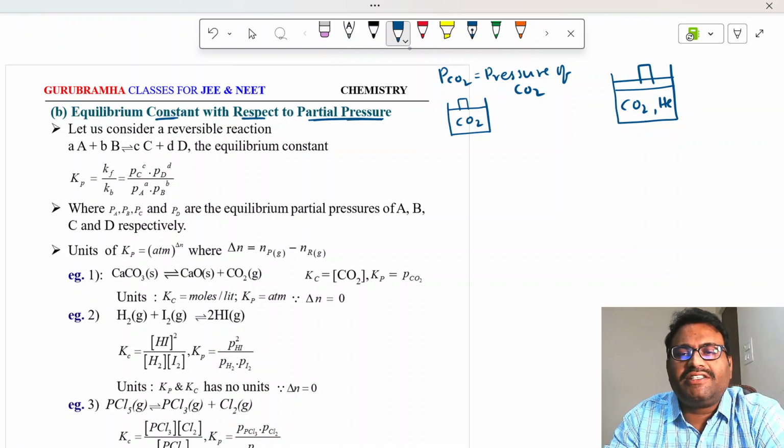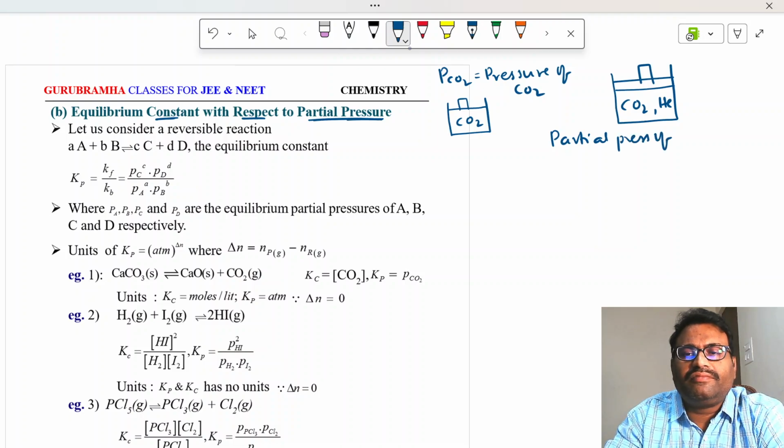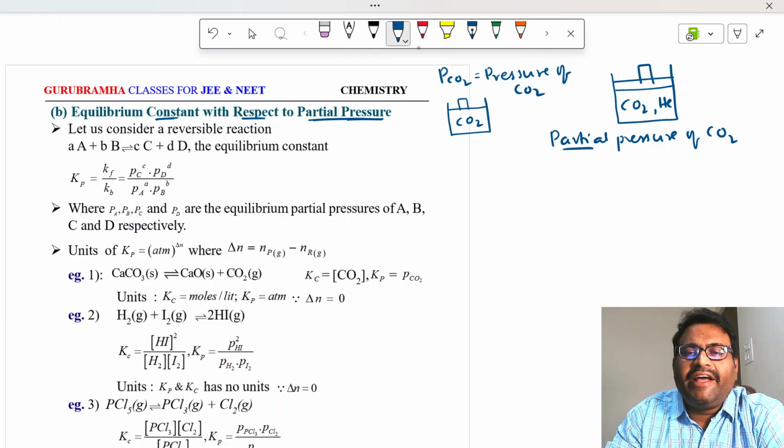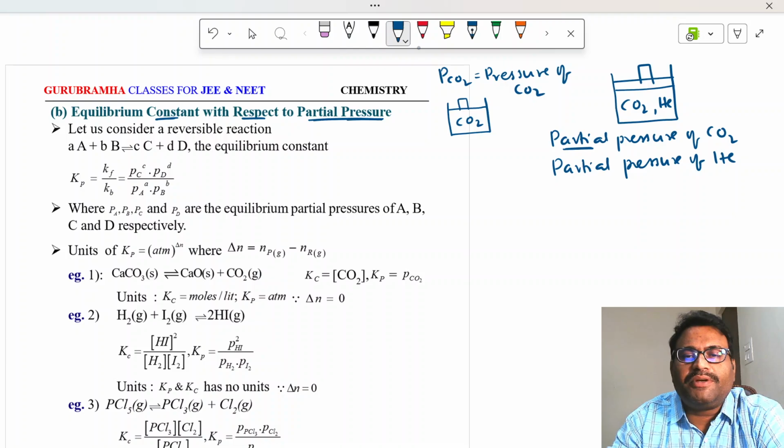Then the pressure exerted by carbon dioxide is called the partial pressure of carbon dioxide, and the pressure exerted by helium in this mixture is called the partial pressure of helium.